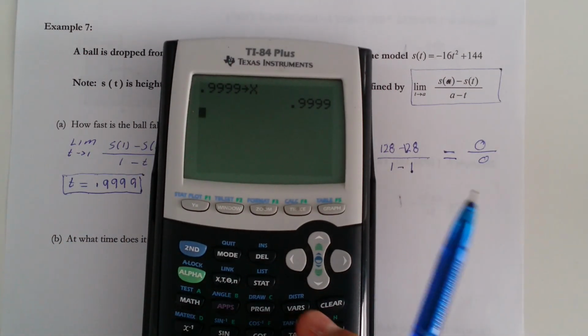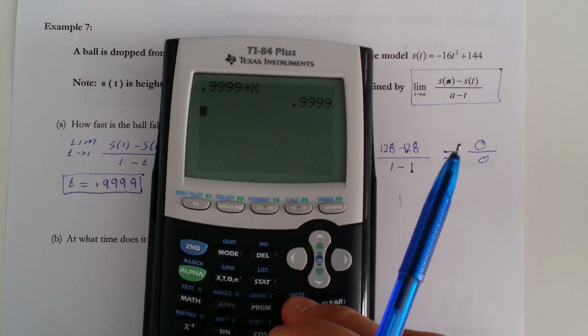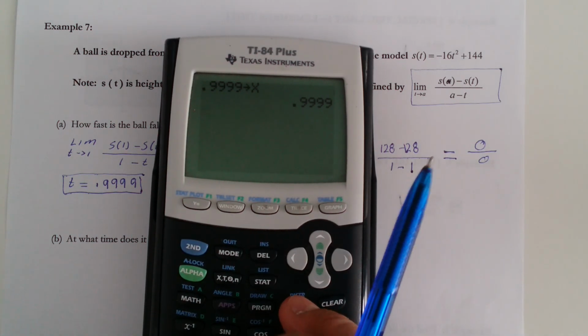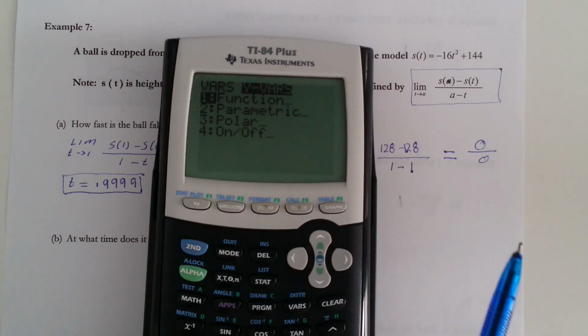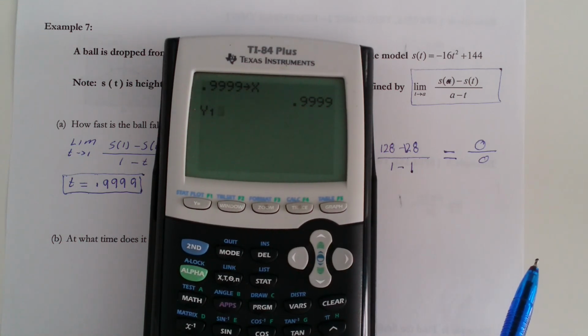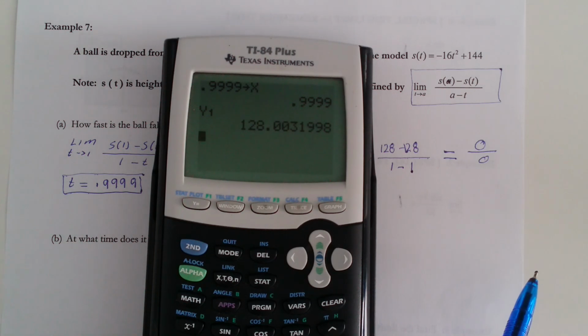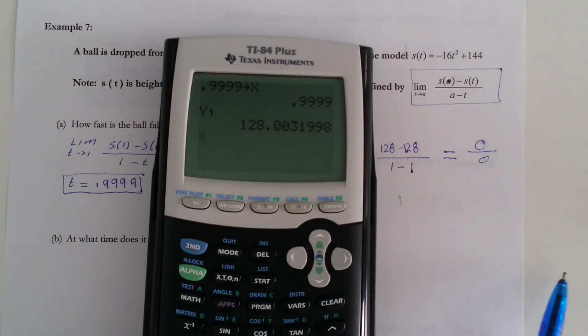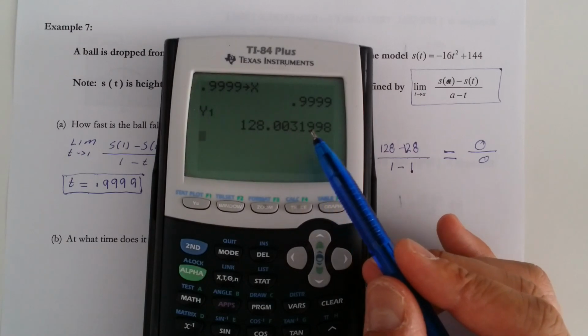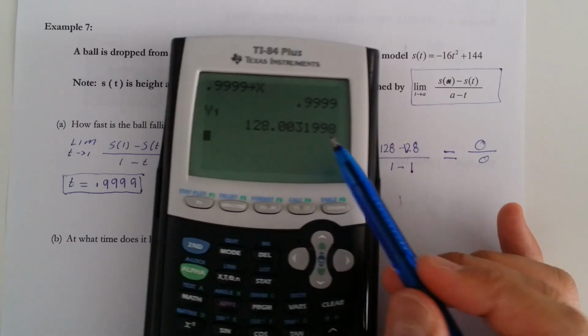Then I plug it into the function by hitting the VARS button, sliding over to Y-VARS, and hitting enter two more times, 1, 2, and maybe one more time. You're going to get 128.0031998. I want you to copy down everything.